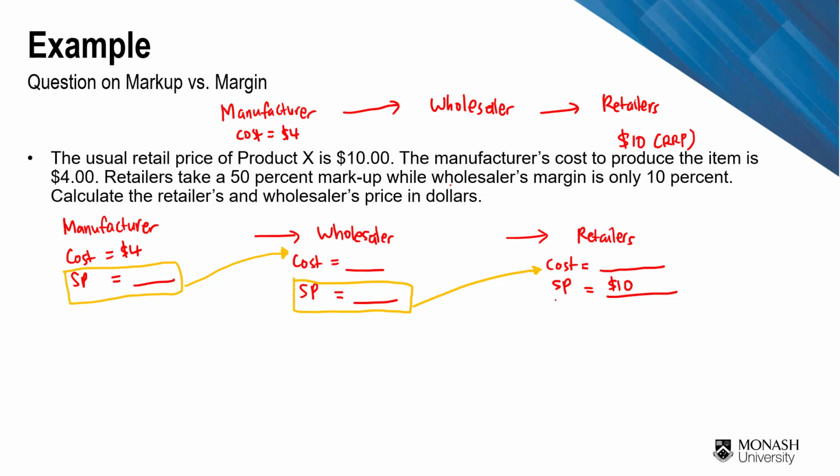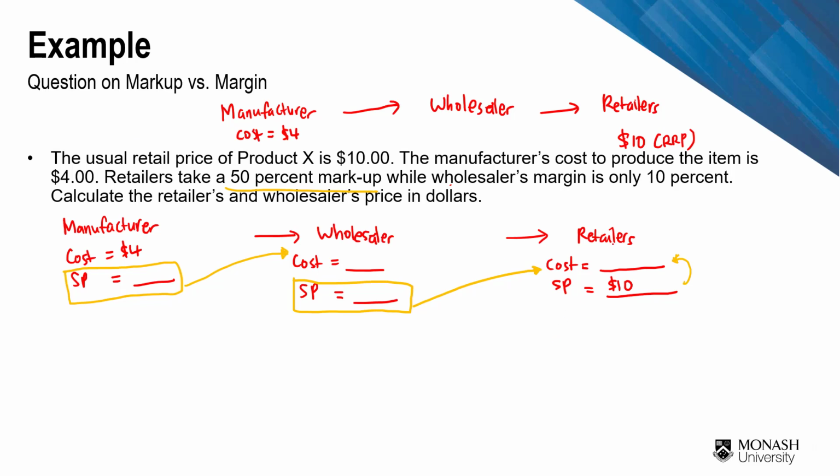So now we just have to crack the case because we know what is the selling price of the retailer. If we know the cost, then it's basically the selling price of the wholesaler, which is your question right here. So how? Now we know that the retailers is taking 50% markup.